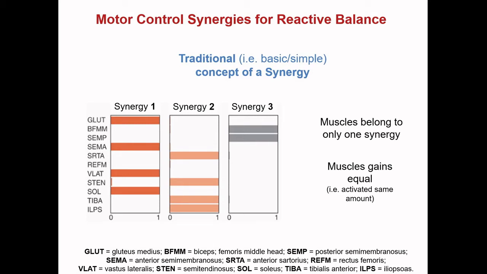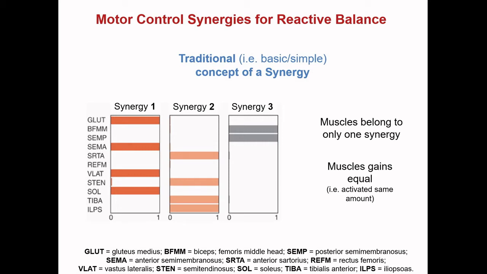In the image here, we have a visual representation of this theory. We see that there are three synergies: Synergy 1, Synergy 2, and Synergy 3. Synergies 1 and 2 each have 4 muscles in their organization. Synergy 3 just has 2 muscles. A given muscle does not appear in more than one synergy.